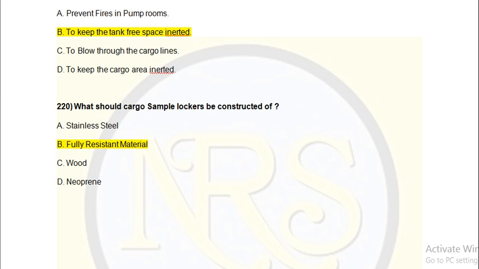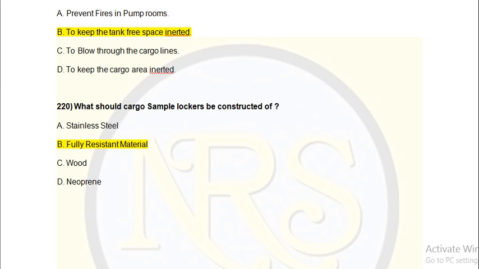Also, if you are going to keep them in a location, that location has to have the sprinkler system as per the SOLAS requirement and ISGOTT requirement. So for question number 220, option B is the correct answer.